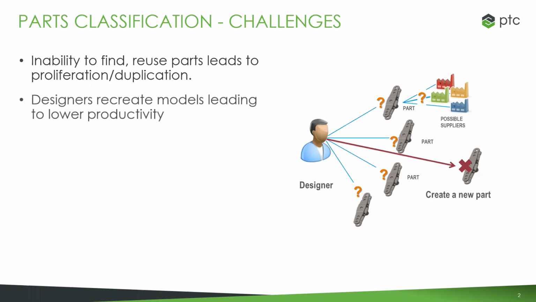As a byproduct of that, as the engineers are remaking the designs, they're also being unproductive because they have to waste what would have been value-added time on redesigning things that may or may not exist, simply because you just can't find that original model.